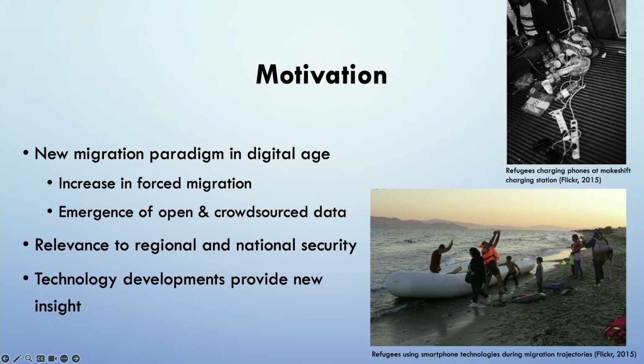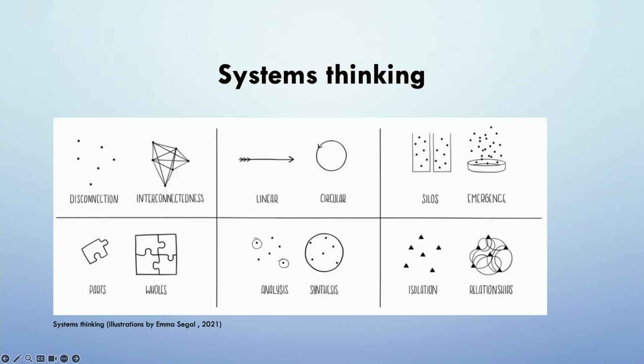With system dynamics modeling, you have systems thinking. These are a couple neat figures that have been created to illustrate the system dynamics thinking behind it. So instead of having different points or data sets that are disconnected, you have an interconnectedness with system dynamics and systems thinking.